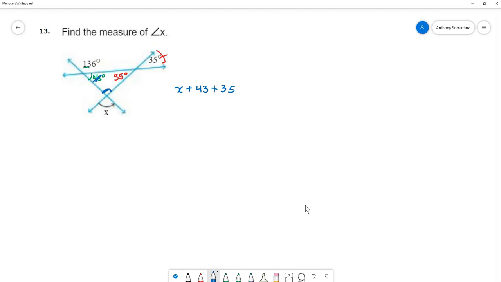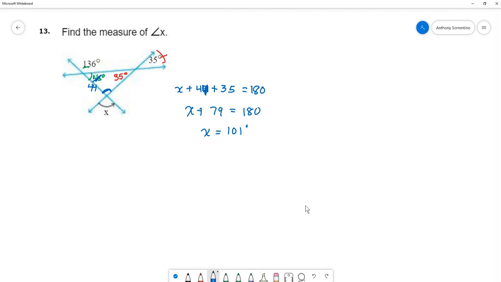This should be 44, not 43. That should equal 180. So x plus 79 should be 180, which means that x would be 101 degrees.